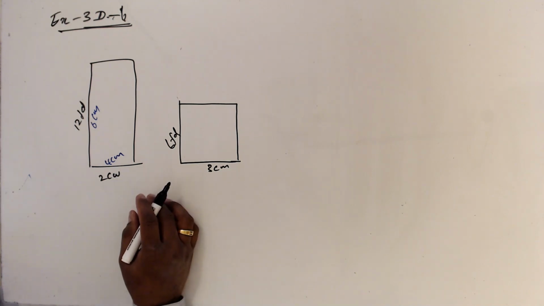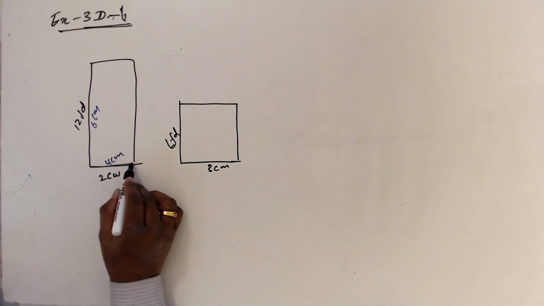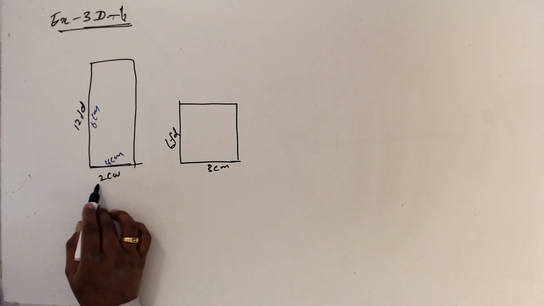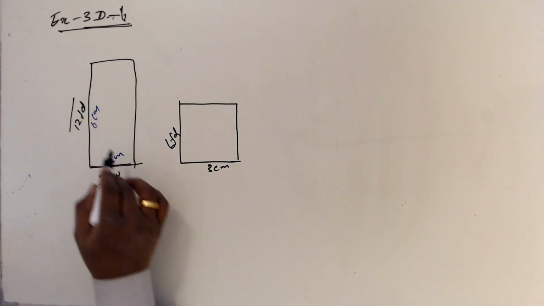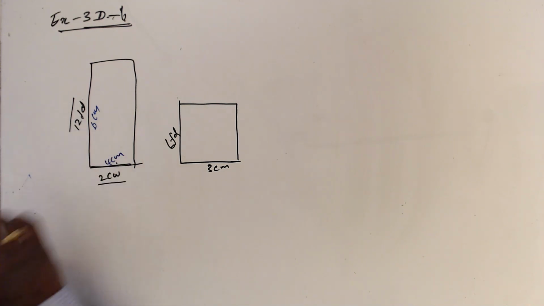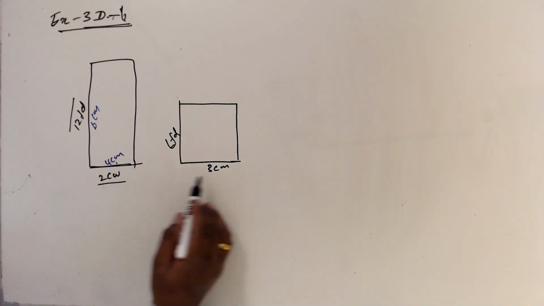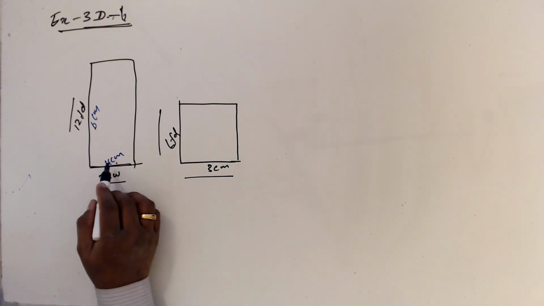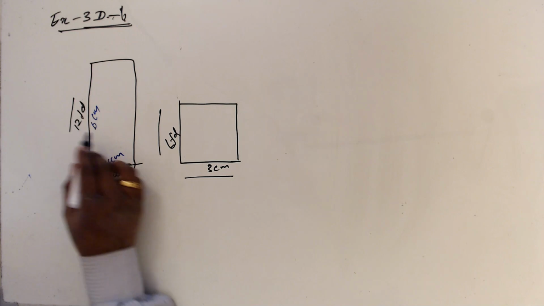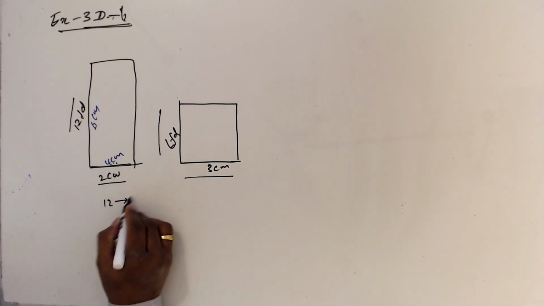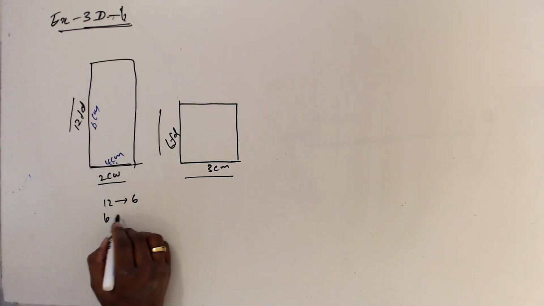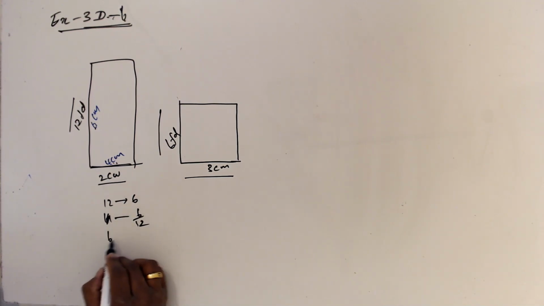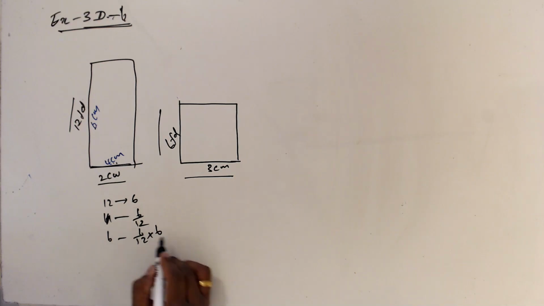Before I start 7, just one more summary of number 6. 2 class width and 12 FD are represented by 4 and 6. Now we want to find 3 class width and 6 FD. So 12 to 6, then 6 to 1 is 6 over 12, multiplied by 6.